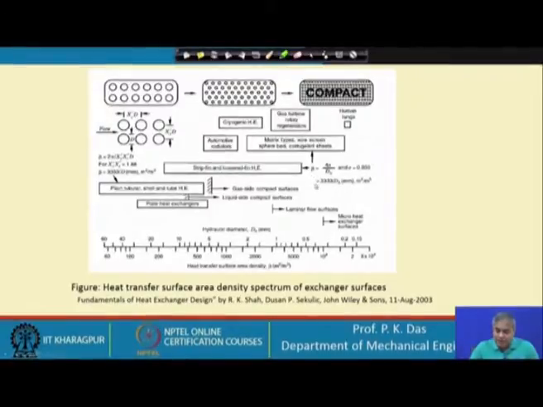One kind of heat exchanger which has become very important nowadays is the micro heat exchanger surface. This has become very important nowadays, with the advent of development in manufacturing methods.